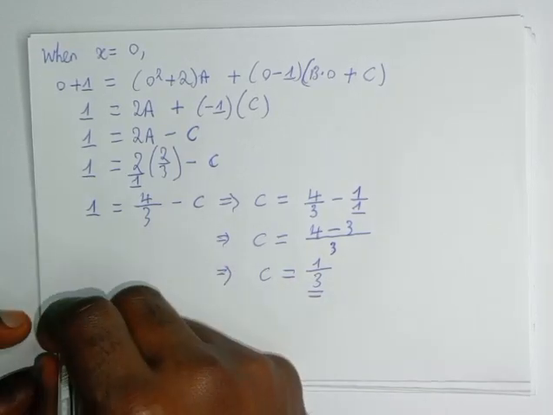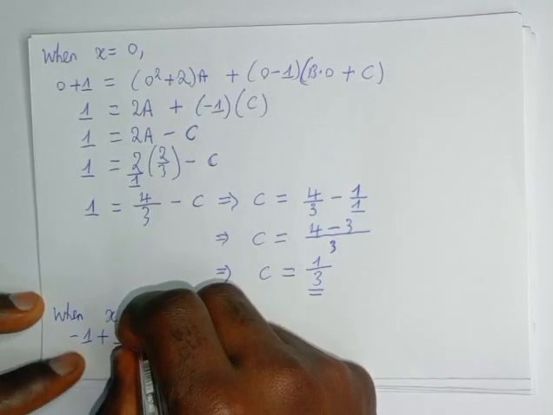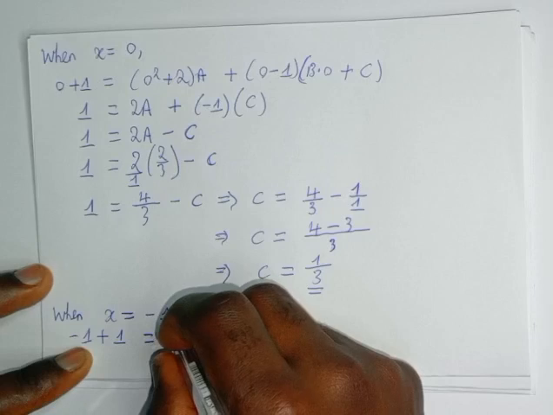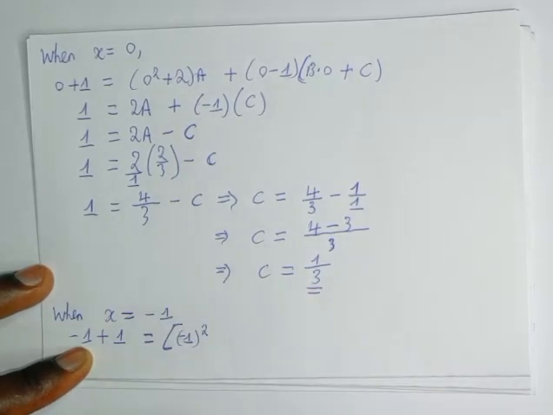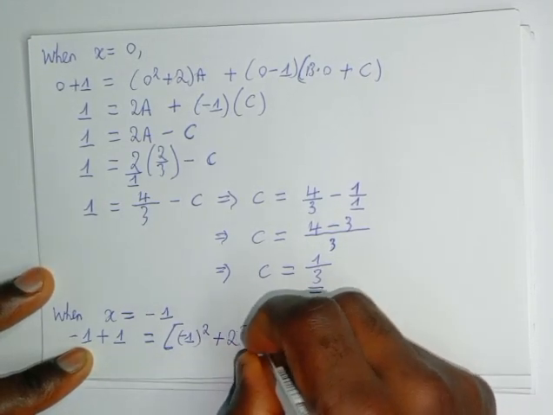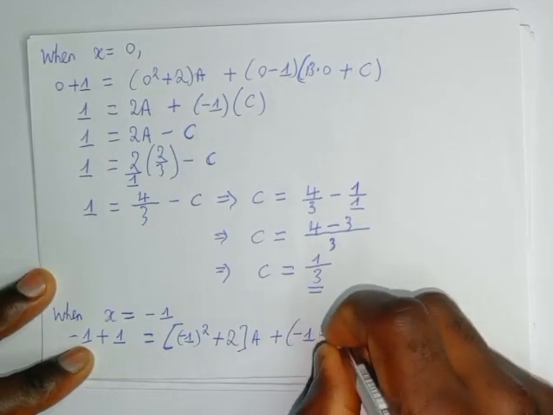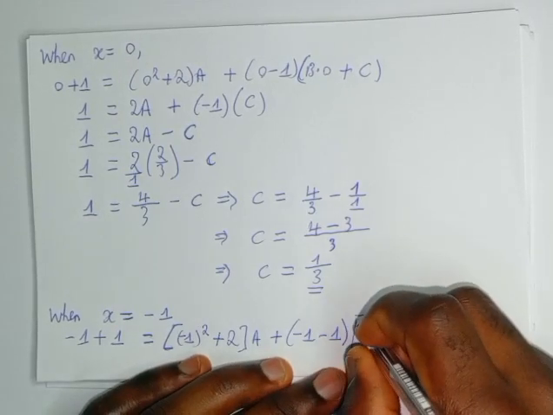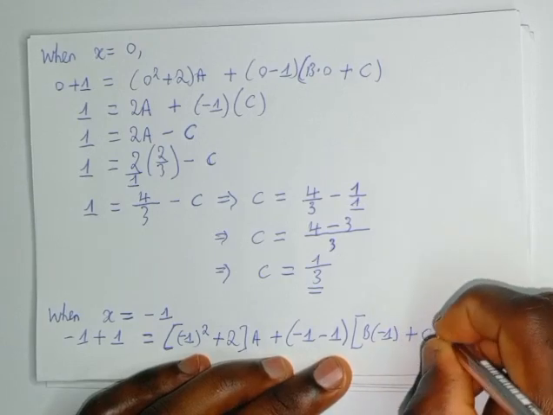This will give us -1 plus 1 is equal to -1 squared, plus 2 times a, plus -1 minus 1, times b times -1 plus c.